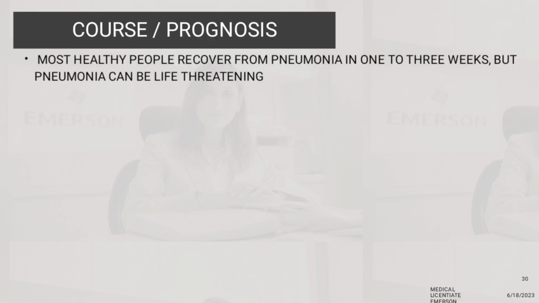Then in terms of prognosis, in most healthy patients, they usually recover from pneumonia in 1 to 3 weeks, but pneumonia can be life-threatening as it can bring the patient into respiratory distress syndrome. The patient is confused, they have hypotension, those are the CURB score criteria.